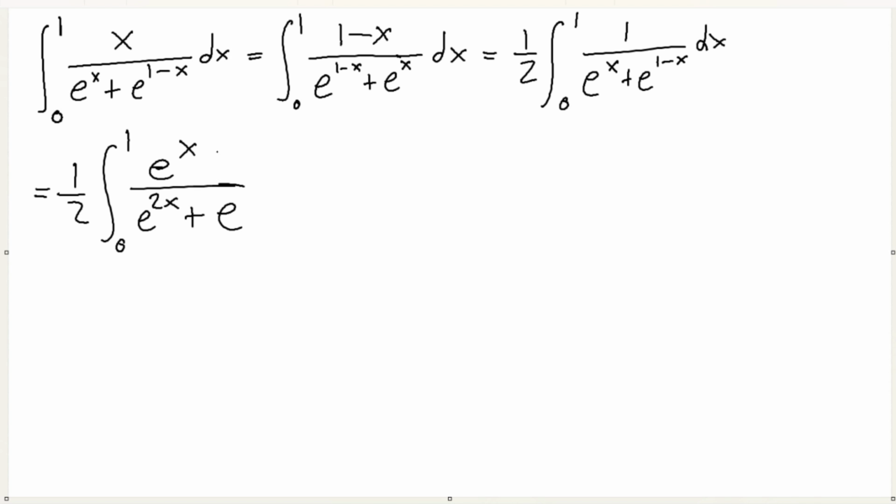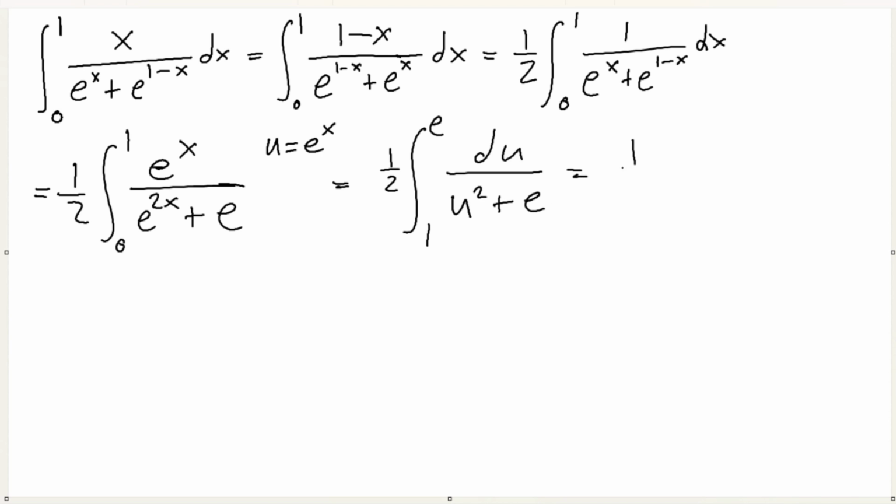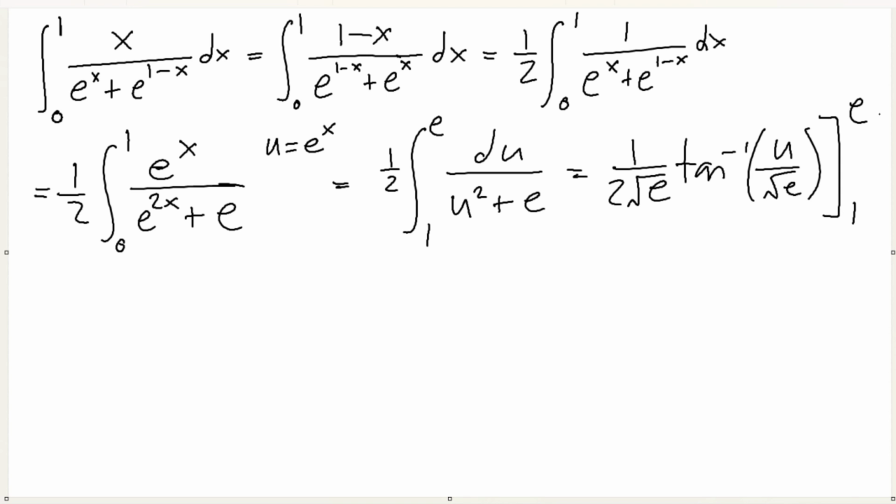Right, so here, let u equal e to the x. Now e to the power of 0 is 1, e to the power of 1 is e. We get 1 over 2 root e times inverse tangent of u over root e, from 1 to e.